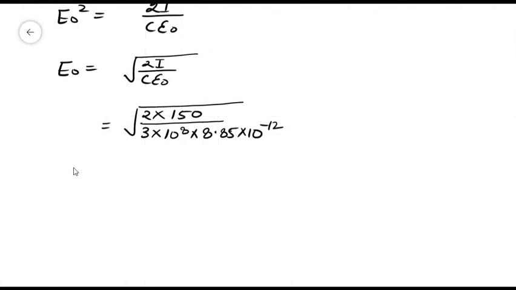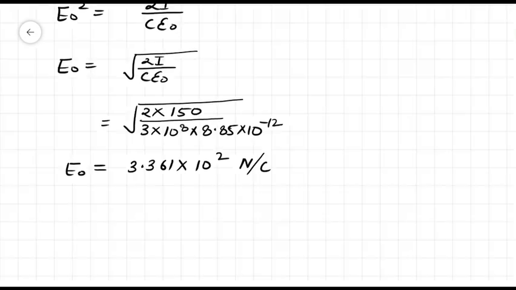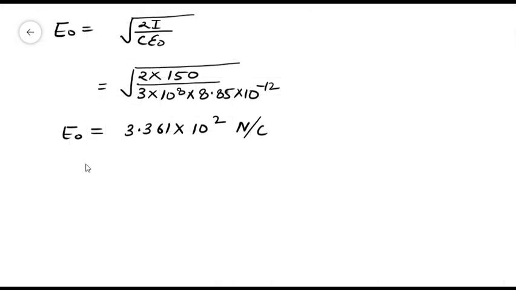One can solve this expression to get the amplitude of the electric field to be 3.361 times 10 to the power 2 newton per coulomb. Now what will we do for omega? Omega is simple, omega equals 2 pi nu, where nu is the frequency.